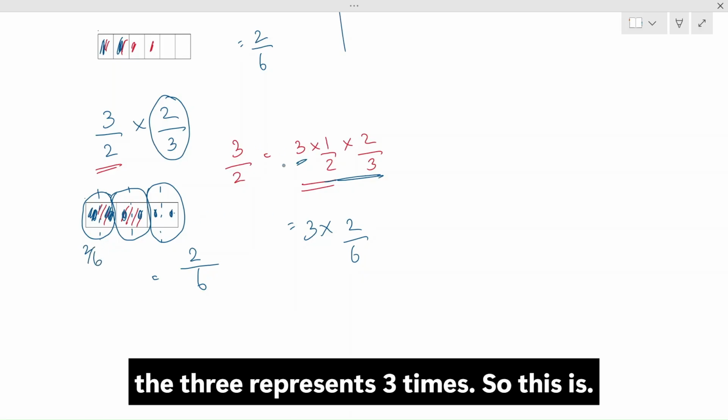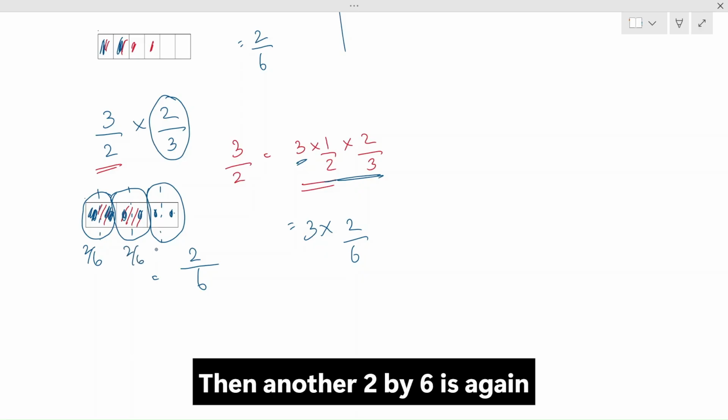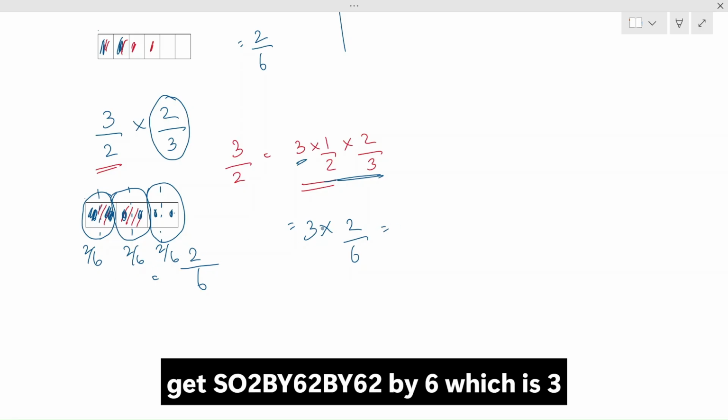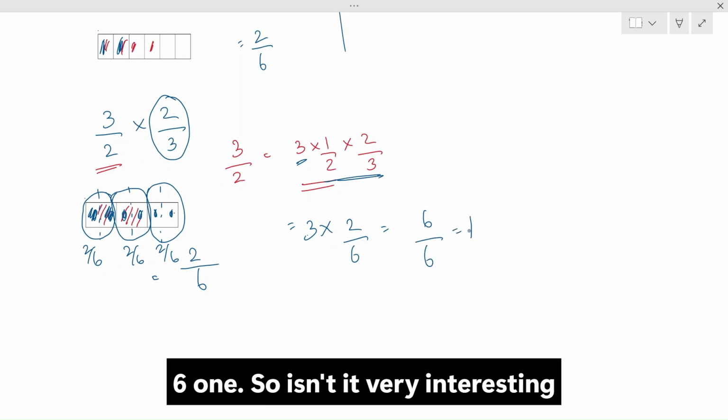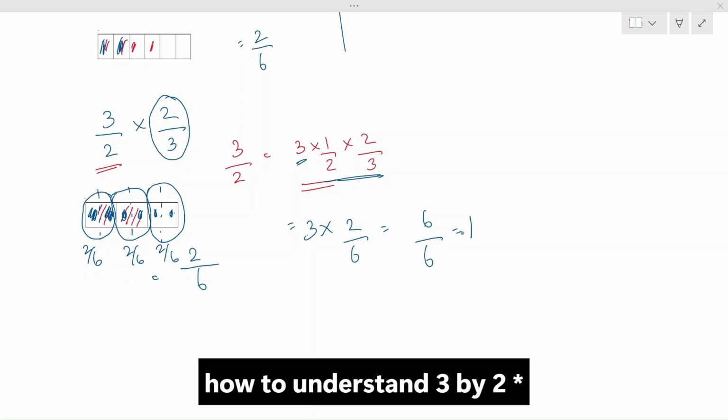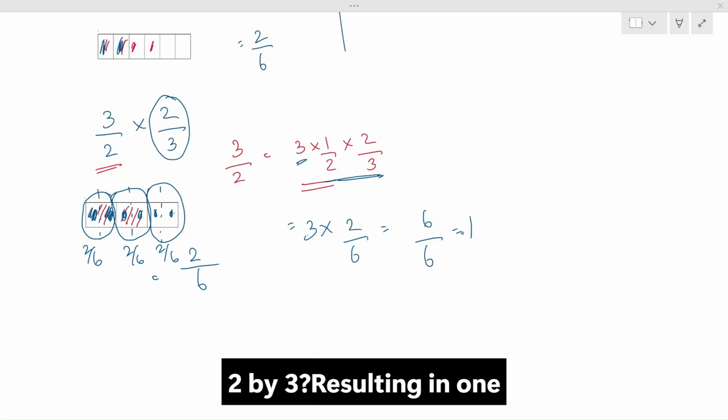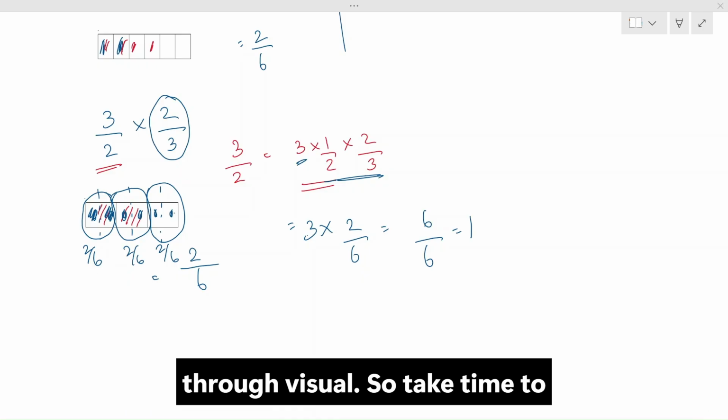And here the 3 represents 3 times. So this is again another 2 by 6, and again another 2 by 6. So what you get is 2 by 6, 2 by 6, 2 by 6, which is 3 times 2 is 6, and 6 by 6 is 1. Isn't it very interesting how to understand 3 by 2 times 2 by 3 resulting in 1 through visuals? So take time to sink it in.